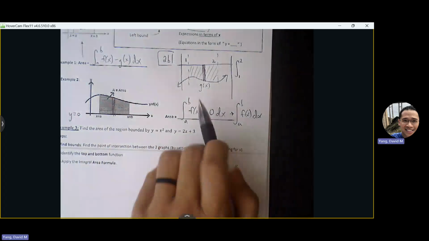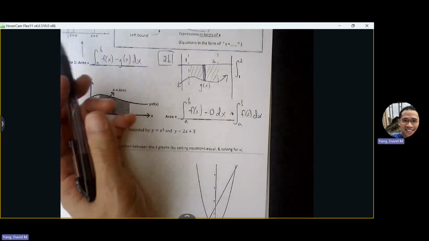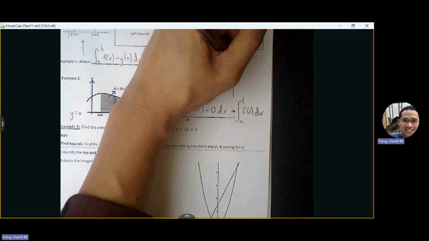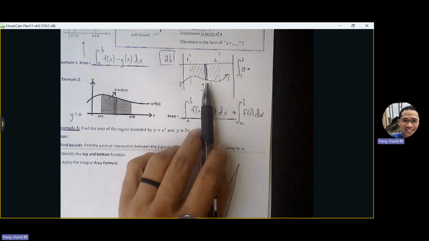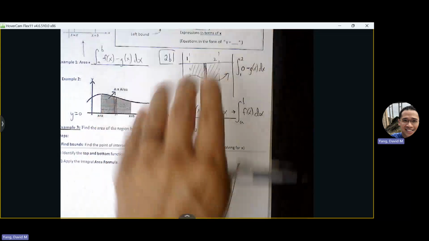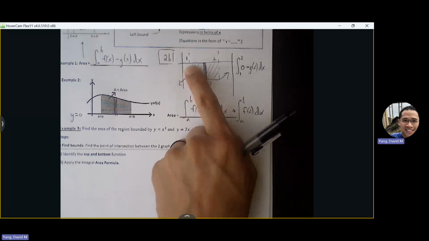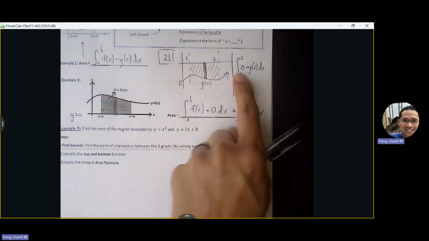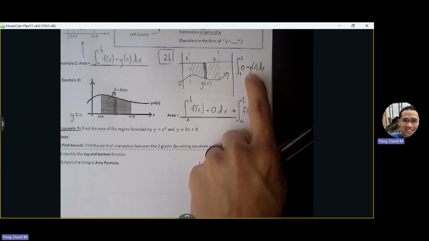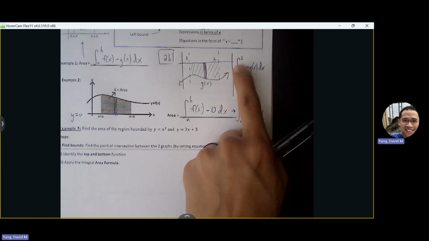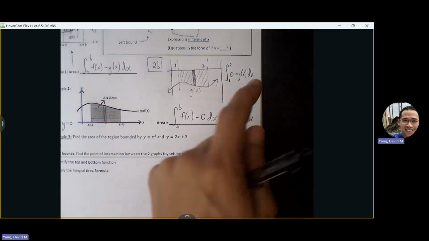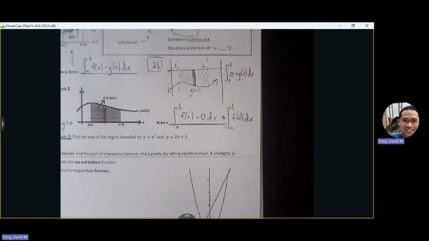Okay. What's the top of the shaded region? 0, right? The top of my rectangle is sitting at the 0, minus what's the bottom of the rectangle sitting on? g of x. So if we go through this process, we're always going to get a positive number in return because yes, the bottom region will give us a negative, but then we're really accounting for it by doing a minus a negative. And because g of x is already going to be negative, if we go through this formula, we're always going to ensure a positive number in return. So we could drop the 0 and just make it negative g of x dx.